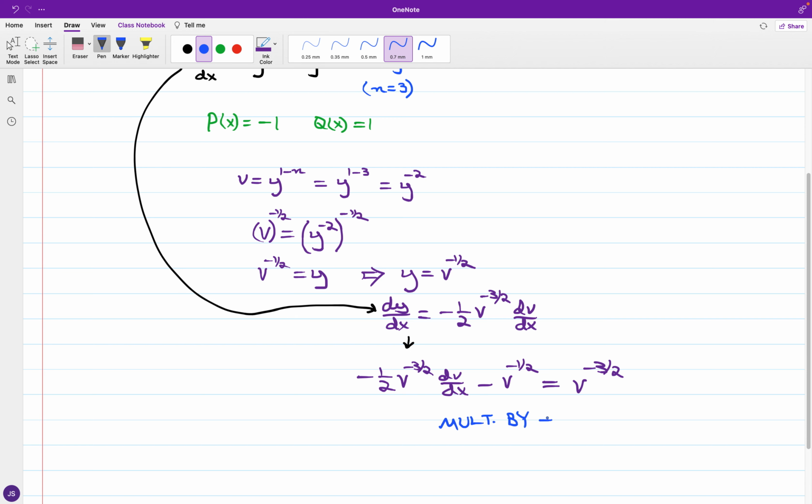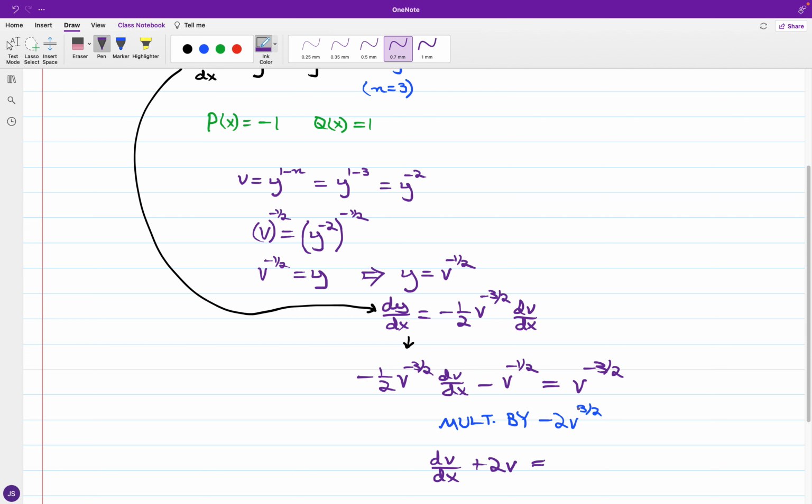So for what we're going to have in the rewrite, the first term is going to be dv over dx, and negative times a negative is a positive, so that's going to be plus 2 v to the -1/2 times v to the 3/2, which will be v to the 2/2, which is v.